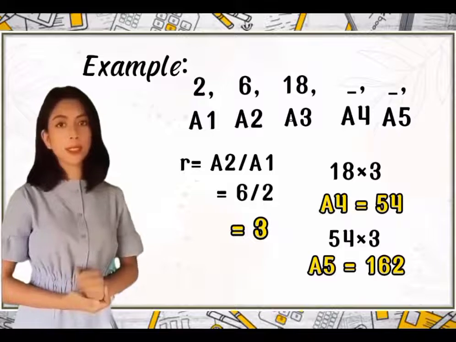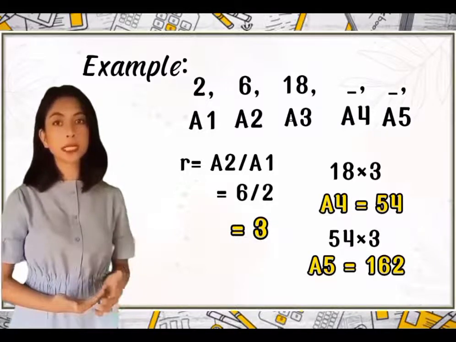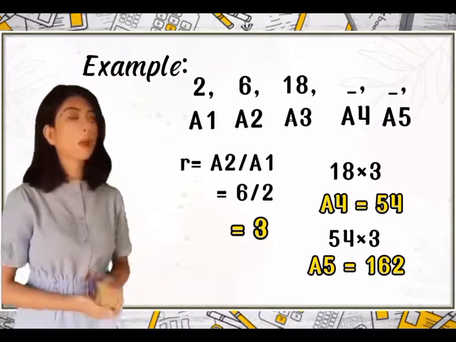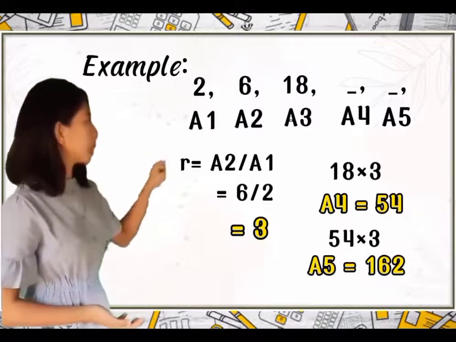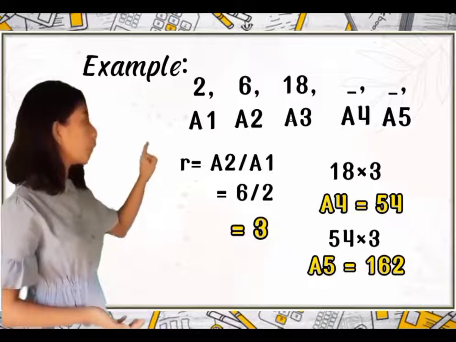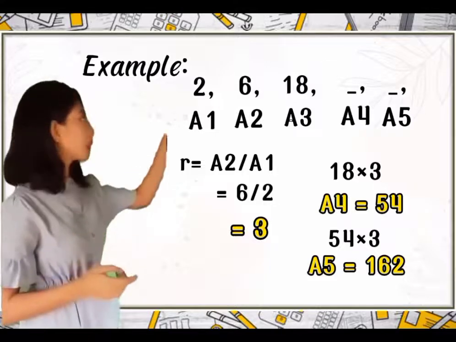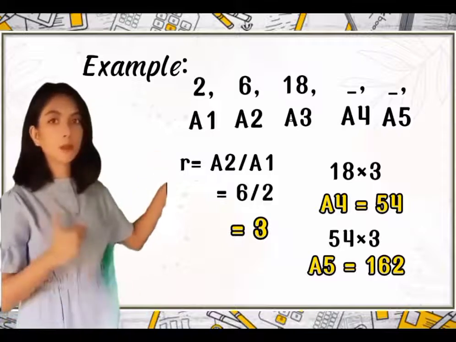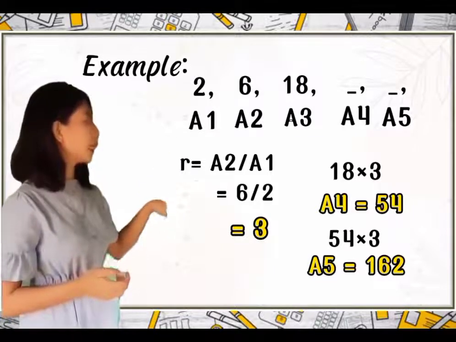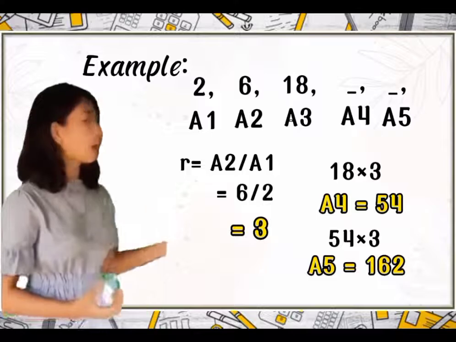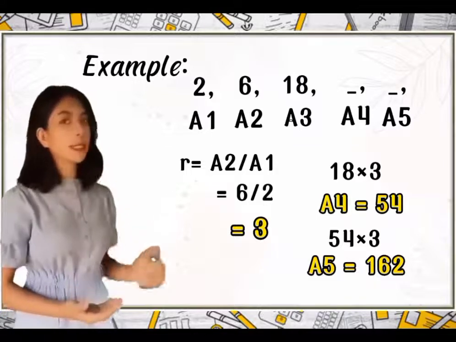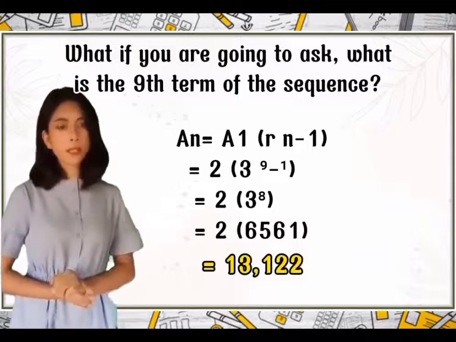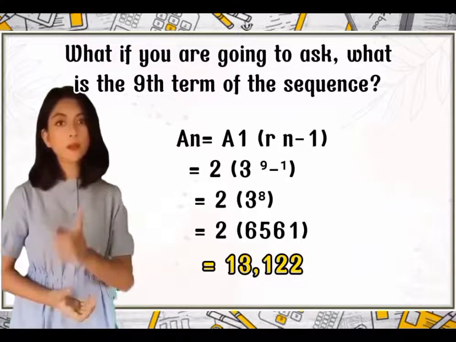So we got A4. To get A5, we multiply 54 by 3. 3 times 4 is 12, carry 1, then 3 times 5 is 15, plus 1 equals 16. So we got A5, which is 162.